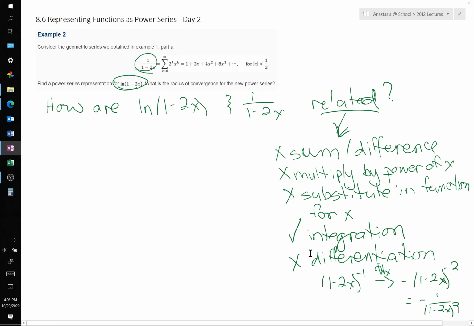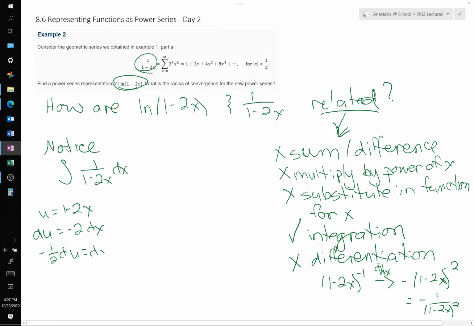Integration, however, is going to work. So let's notice that if we integrate 1 over 1 minus 2x dx, we're going to need to use a u substitution for 1 minus 2x. du is going to be negative 2 dx. So we have negative 1/2 du equals dx. So this is going to be a negative 1/2 integral of 1 over u du, and that's going to be negative 1/2 natural log absolute value of u plus c.